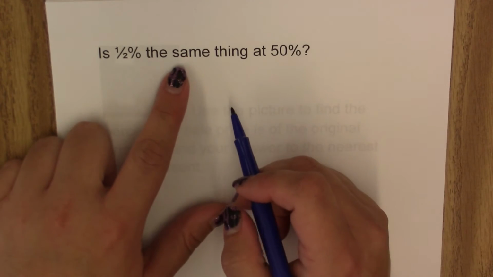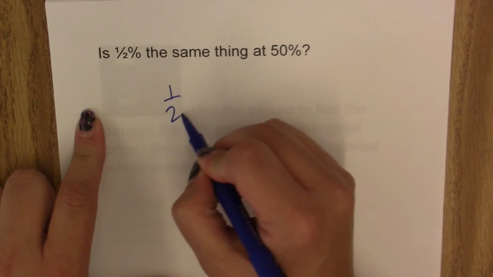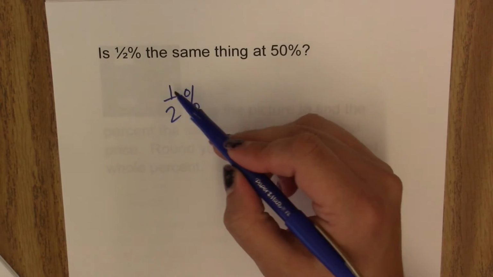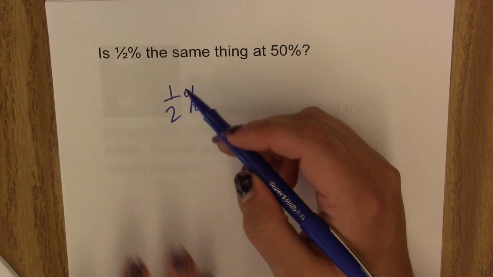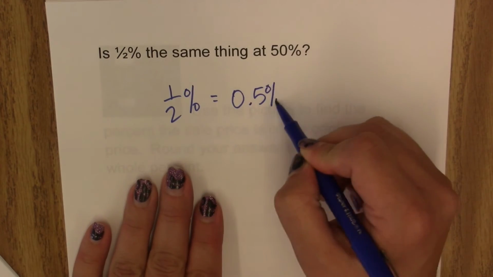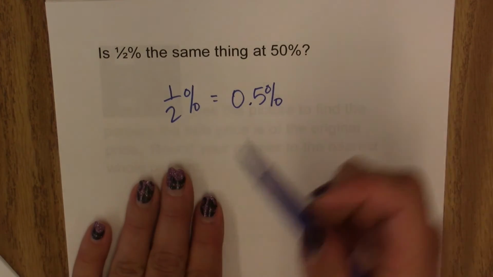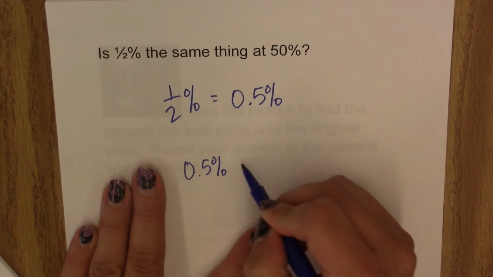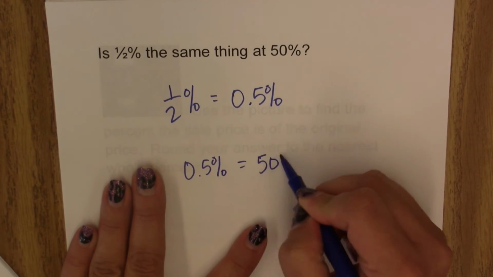Is 0.5% the same thing as 50%? So let's first change this 0.5%. If we were to divide 1 divided by 2, we would get 0.5. So this is the same thing as 0.5%. So now if we were to compare these, is 0.5% the same thing as 50%?